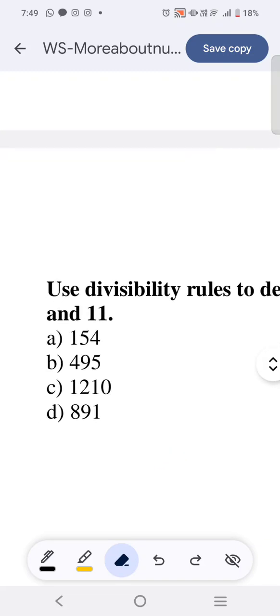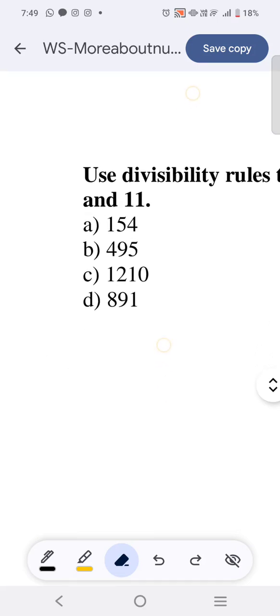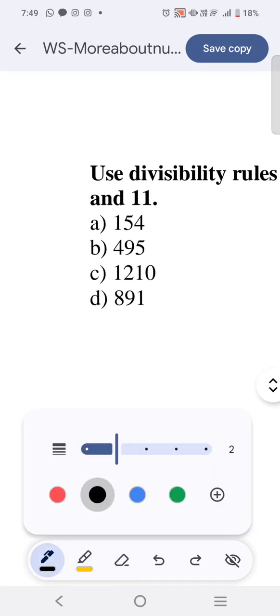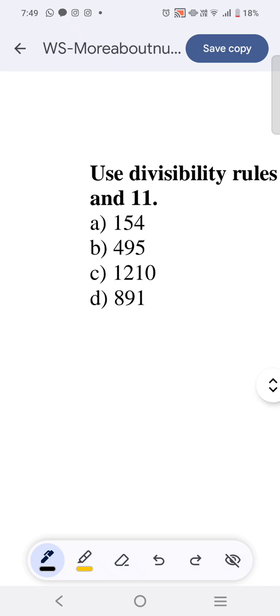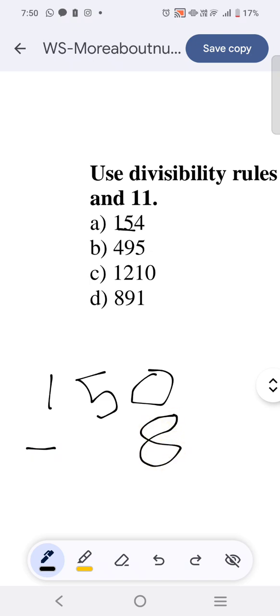So now the end digit, we'll do the working here itself because we don't have that much time. The end digit is 4, which will become 8. Now we'll take 150, the remaining amount. We won't take 15. Remember, we won't take the face value, we'll take the place value. Now 150 minus 8.